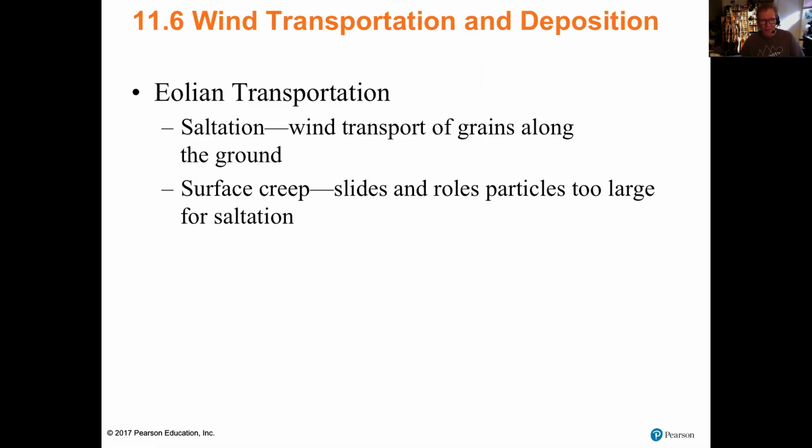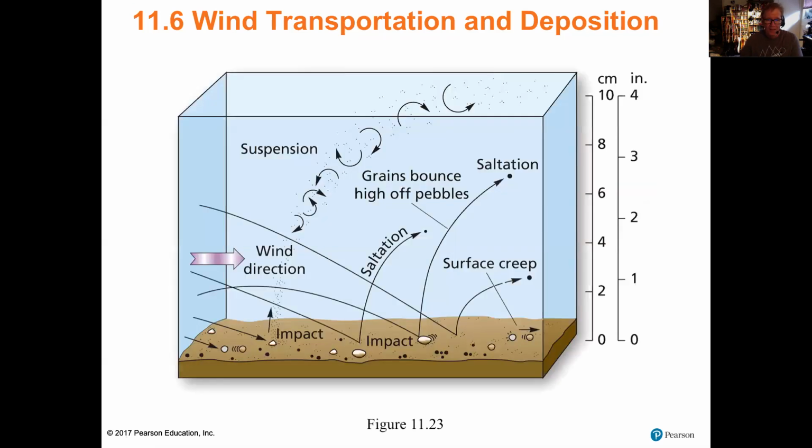Now, just like in rivers, saltation is one of the ways that wind transports sand grains along the ground, just like this. So again, it's just like the water, only in this case it's the wind.